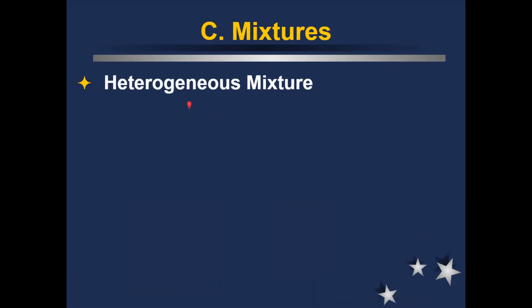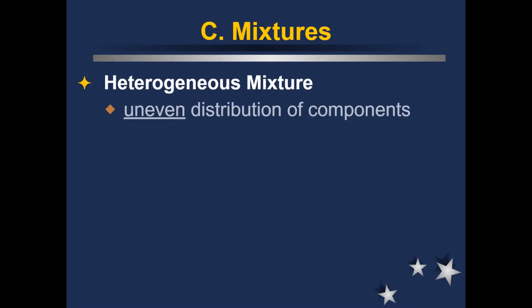So if homo means the same, then hetero means different, right? If you are in a heterosexual relationship, that means that the two people in the relationship are different sexes, different genders. In a heterogeneous mixture, the different areas of the mixture will be different. They're not all going to be the exact same.